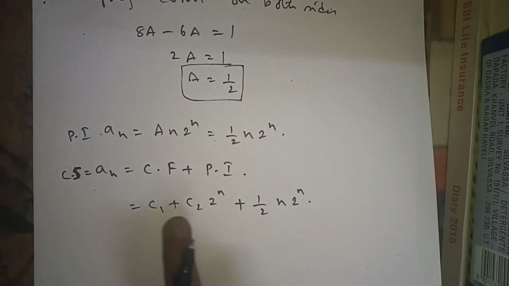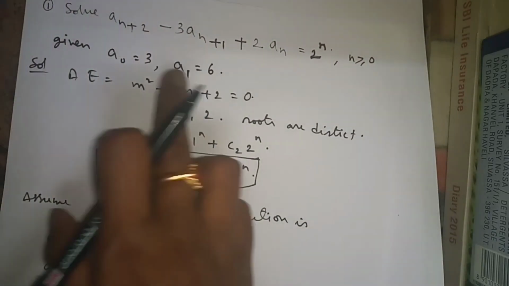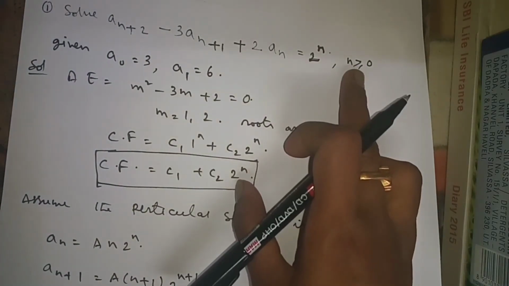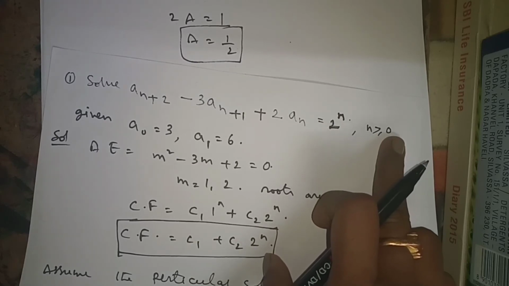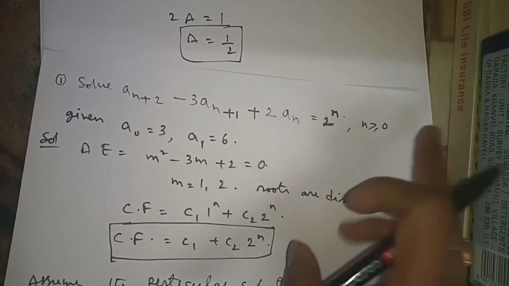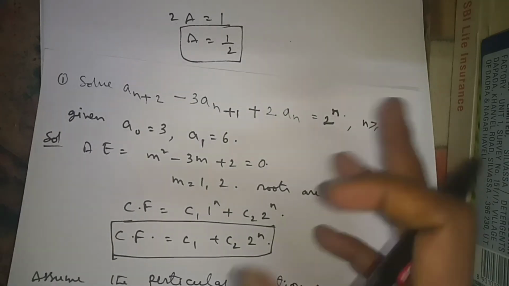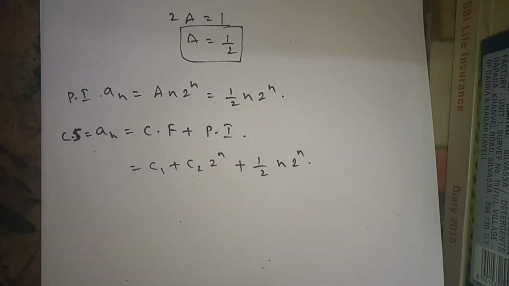Now we have to find the constants c1, c2. To find c1, c2 values, we will use the initial conditions as well as n greater than or equal to 0, which is given in the problem, and a0 is equal to 3, a1 is equal to 6, also given.